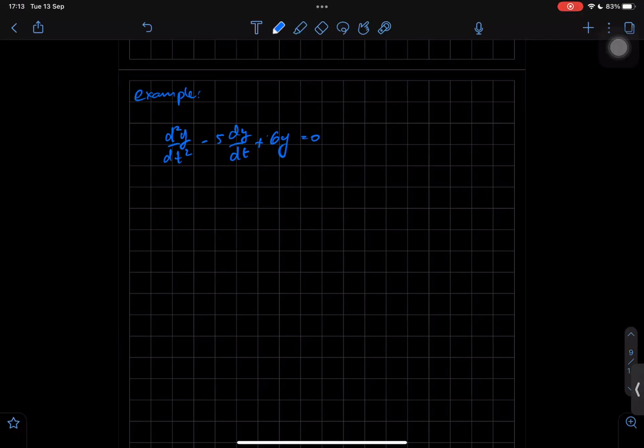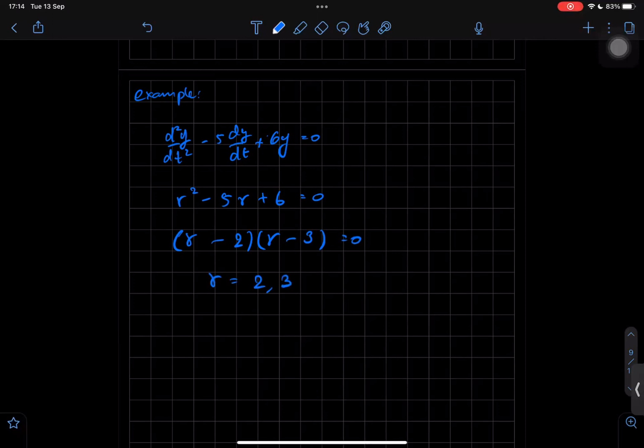If it's like this, then using the auxiliary equation you get r squared minus 5r plus 6 equal to 0. Finding the root of it, you get r equal to 2 and 3.